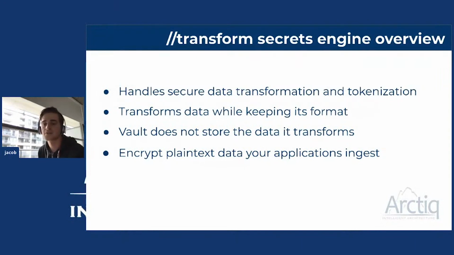Because of the length of the ciphertext that Transit spits out, which can't be controlled, this became an issue in some situations. Transform can come in and still encrypt the data and preserve the format, allowing encrypted data to be stored in a database with explicit data lengths. So like I'll show in the demo, if I input a credit card, I'll get ciphertext of the exact same format. Like Transit, Transform does not store the data it transforms.